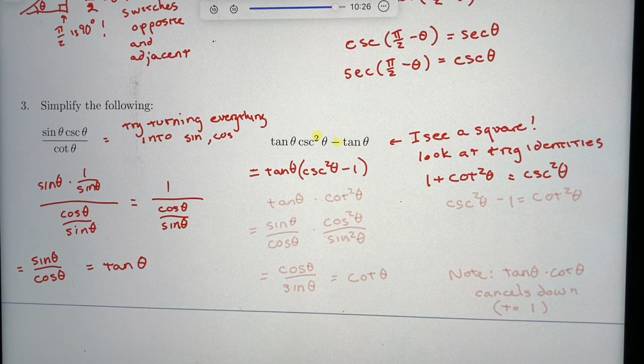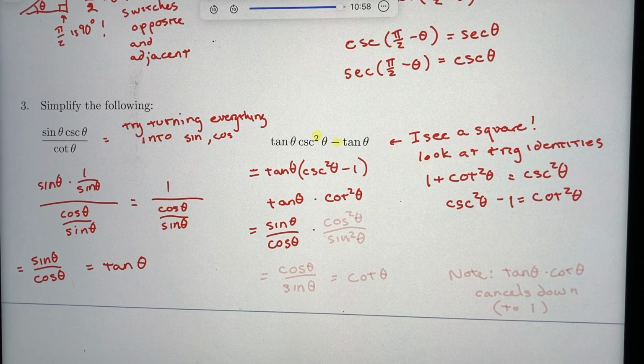If we move the 1 to the other side, we have cosecant squared minus 1 is cotangent squared. So we'll replace it. At least we don't have a subtraction then. So notice, let me turn everything into sines and cosines for a minute.